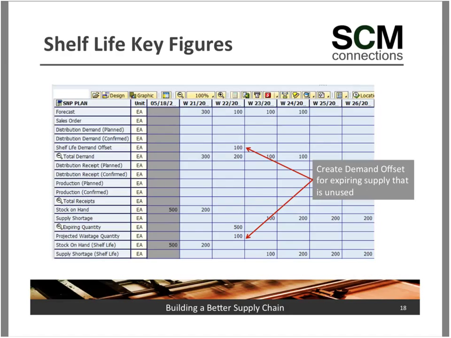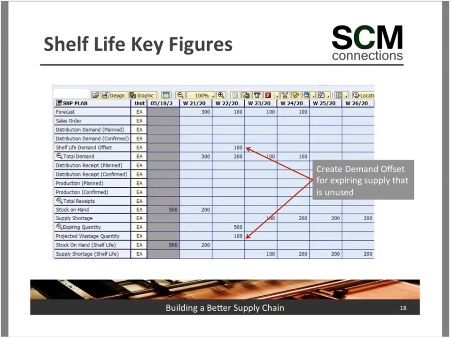What SAP really doesn't provide is the ability to take whatever is considered wastage and offset that. So this is the additional key figure that we created to manage the expiring quantity. And again, this wastage quantity is being determined based on dynamic pegging.